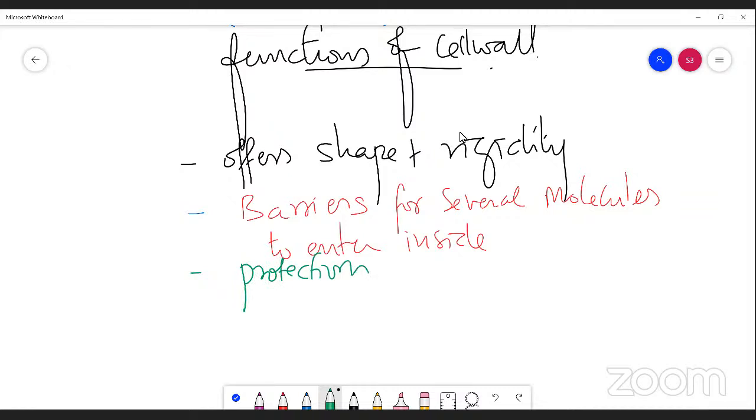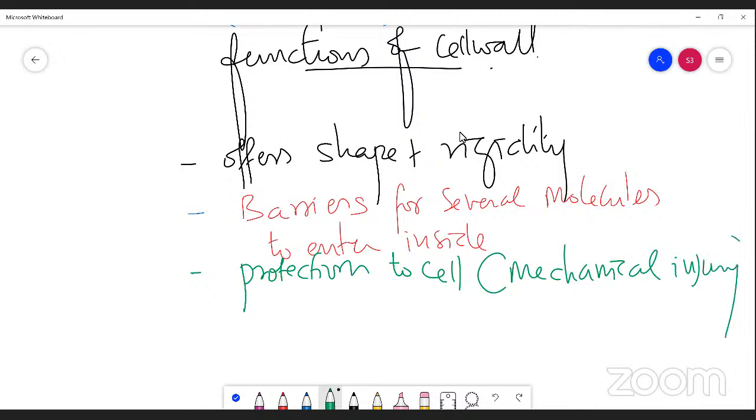It also provides protection to the cell against mechanical injury. That is one of the functions. Dear student, we are discussing functions.